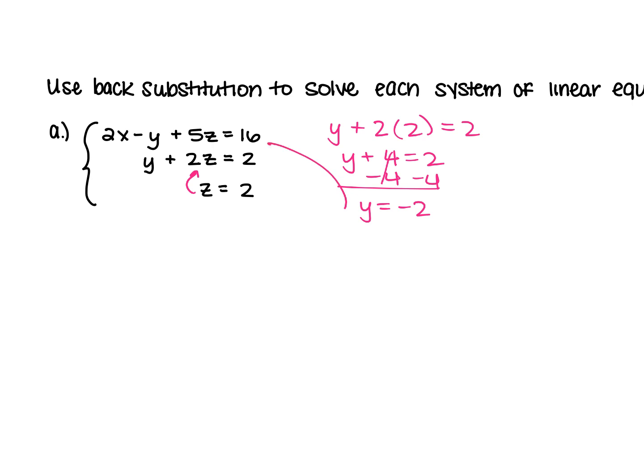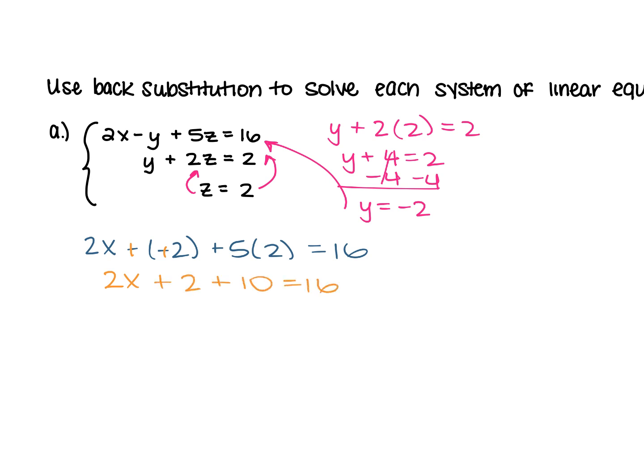So I'm going to take these two, plug them into the top equation, solve for x. We're going to have 2 times x minus y, which is negative 2, plus 5 times z, which is 2, is equal to 16. Your double negatives turn into positives, so that's 2x plus 2 plus 10 is equal to 16.